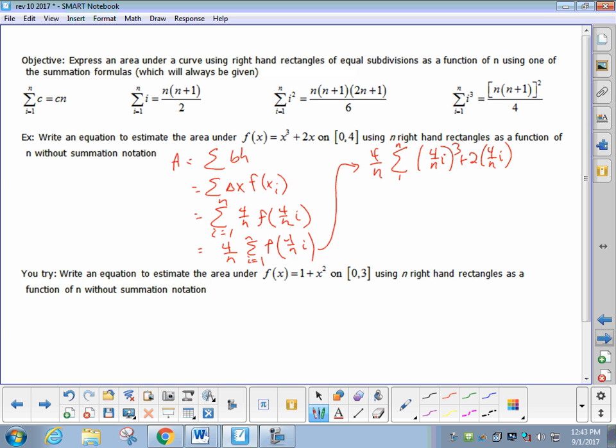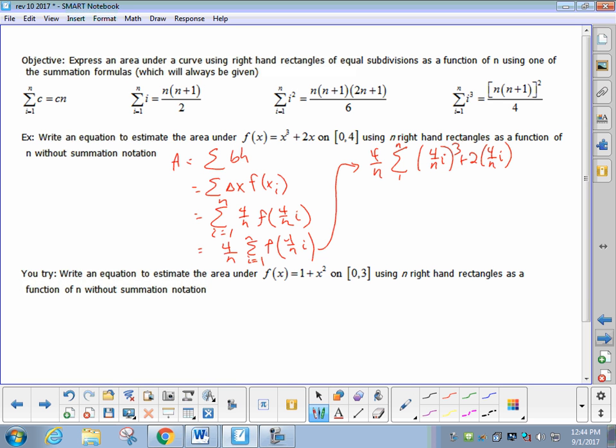Now, our goal is to get a formula that we could use for any number of rectangles. What does this add to?